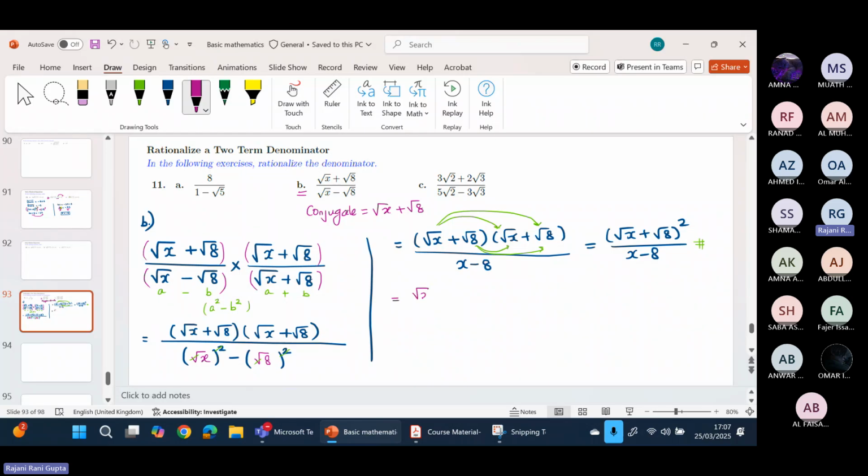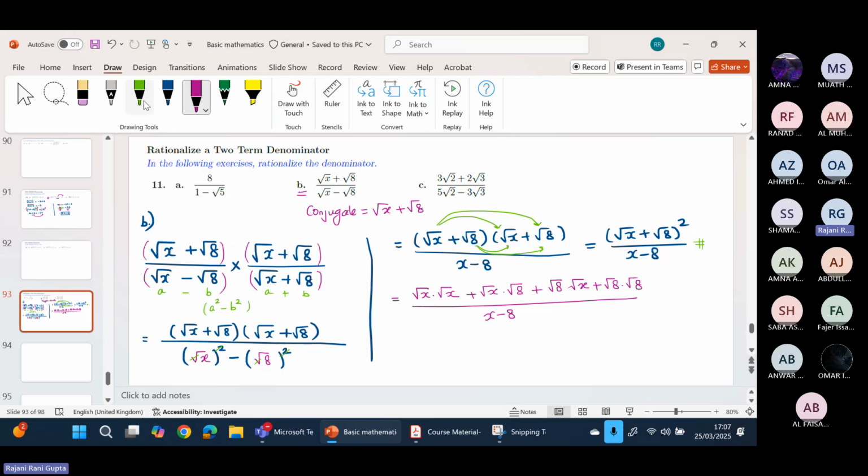You get root x multiply root x plus root x multiply root 8. Means you should know what you are getting. Plus root 8 root 8. And this all divided by x minus 8.